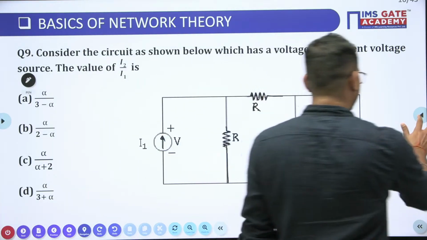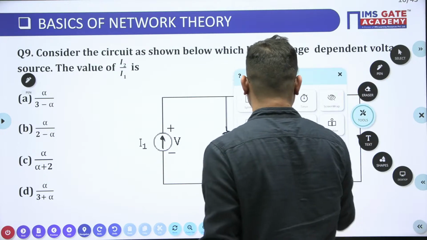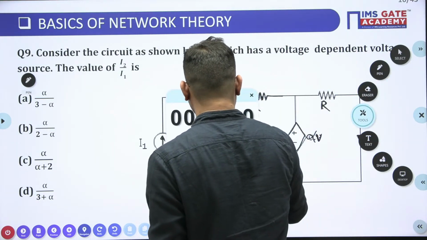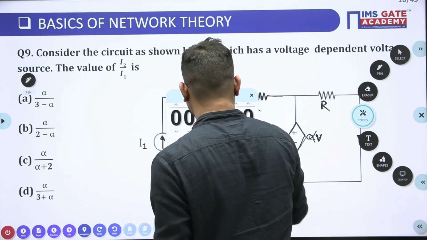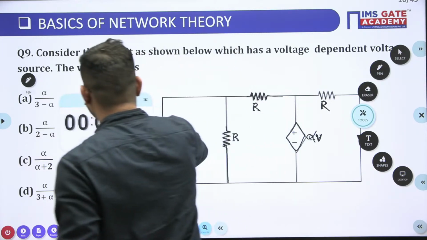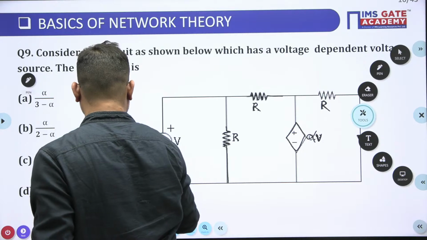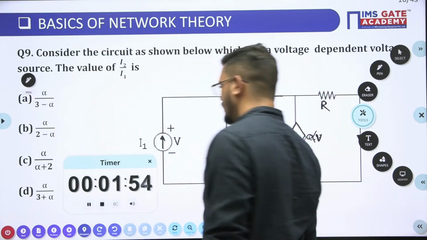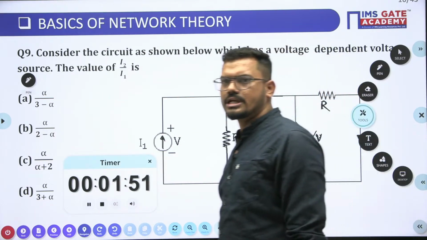For this question, again I am giving you 2 minutes, guys. So just try to find the answer in these 2 minutes. This 2 minutes is very sufficient for this type of question, guys.